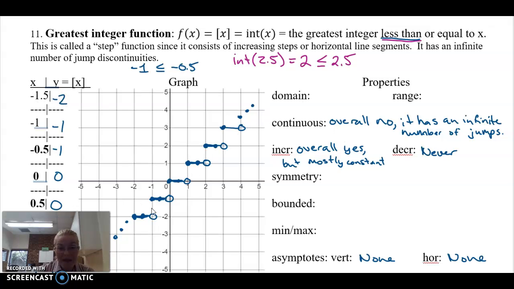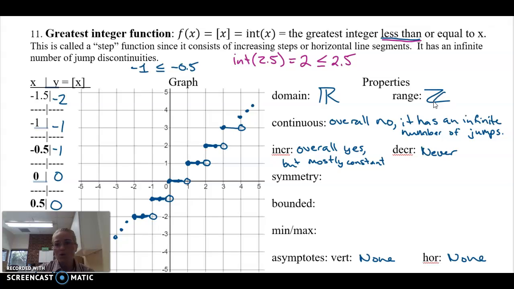So what is the domain of this function? Well, the domain of this function is all real numbers. You can plug anything in here. What's the range? When I look at what y values are allowed, 1's allowed, 2's allowed, 3's allowed, negative 1, negative 2. So it's all of the integers.